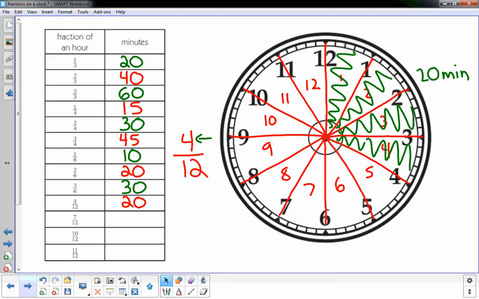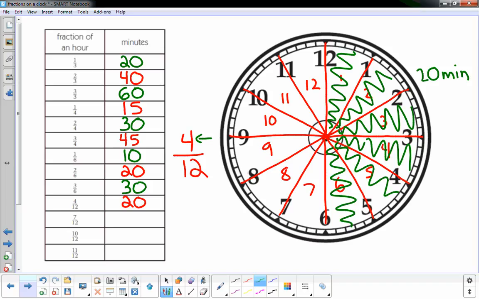Now I'm going to go on to 7/12. So I'm just going to continue. There's another 5 minutes. There's another 5 minutes. That gets me halfway around the clock. So half of an hour is 30 minutes. And if I go another 5 minutes, I'm at 7/12.